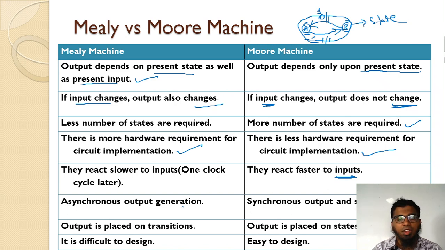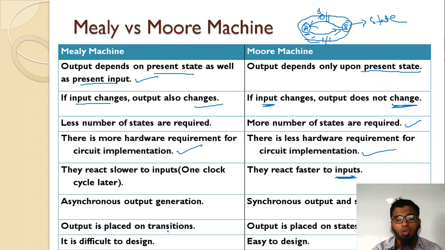In Mealy, asynchronous output is generated, and in Moore, synchronous output and state are generated. Asynchronous means we can say it is not in sequence.